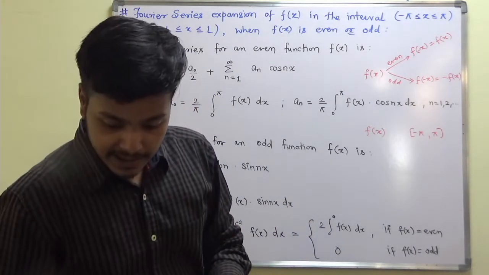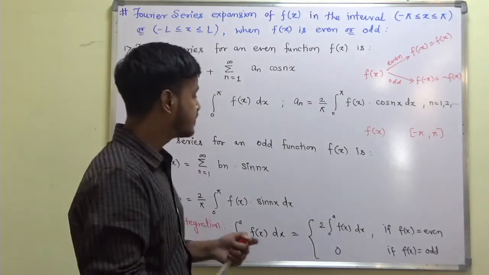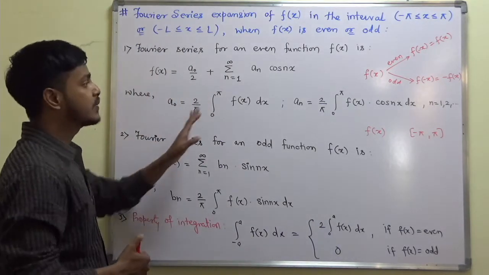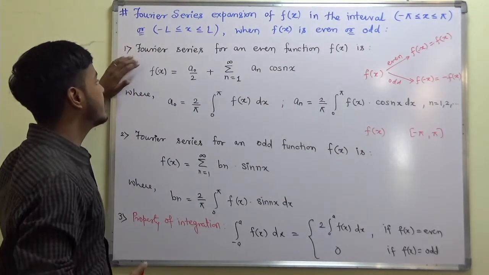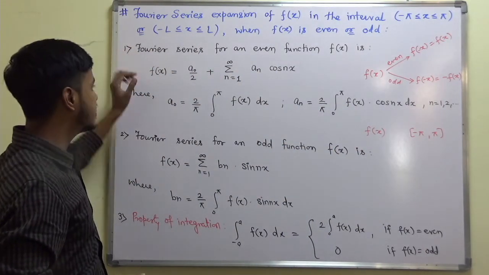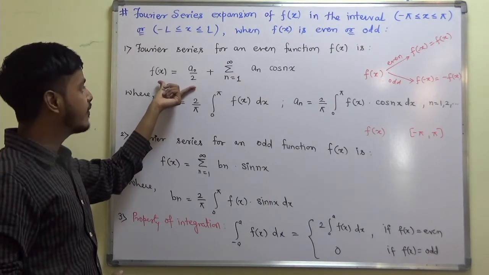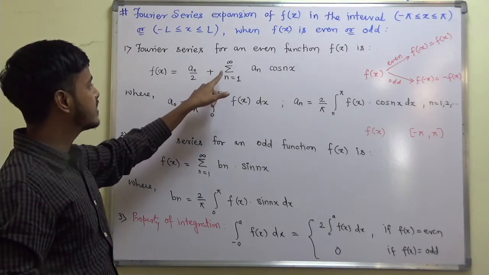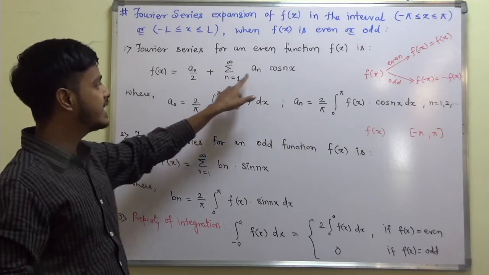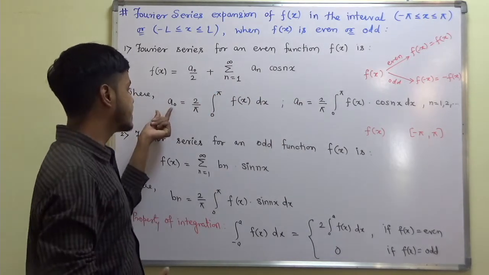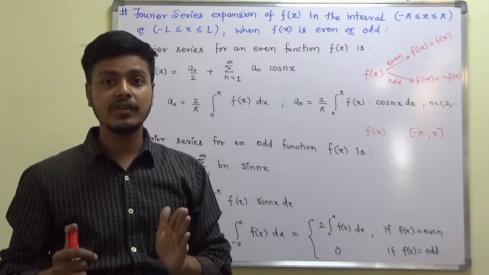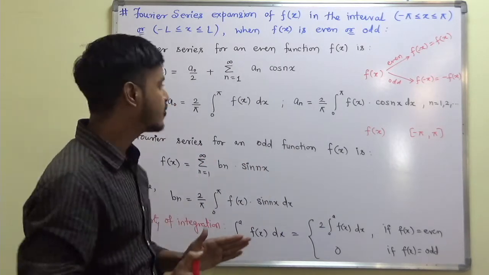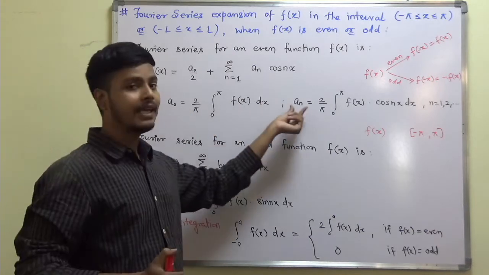So as even and odd are clear, now you see here the Fourier series for an even function is this: f of x is equal to a0 by 2 plus summation n equal to 1 to infinity an cos nx, where a0 is this and an is this. Meaning thereby, if the function is even, you just have to find a0 and an.